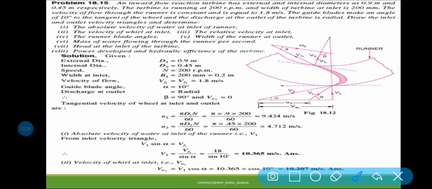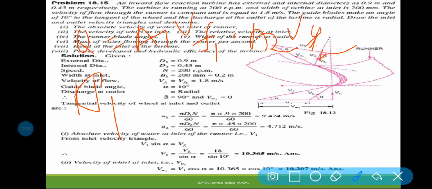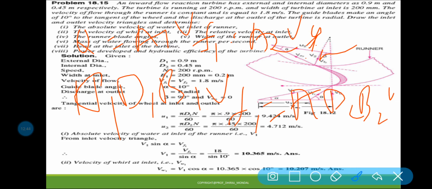Width of the runner. You know that, continuity equation, Q is equal to area A1 V1 is equal to A2 V2. So continuity: pi D1 B1 VF1 is equal to pi D2 B2 VF2. Now pi cancels out, and VF1 and VF2 cancel out.